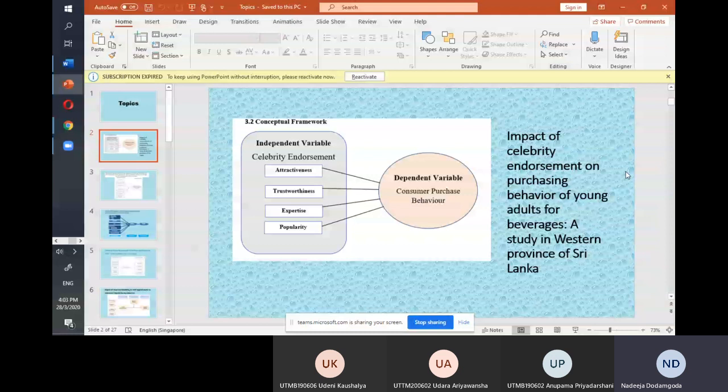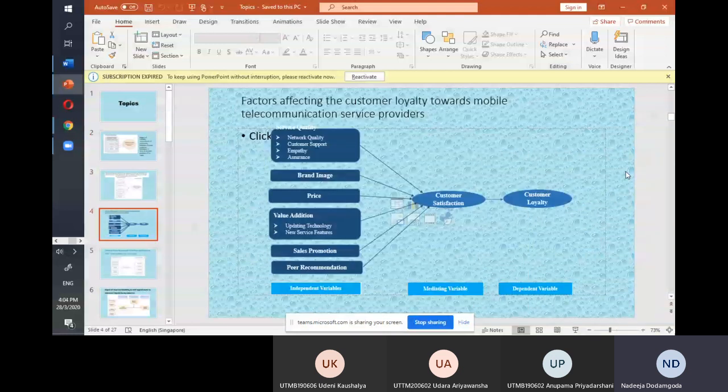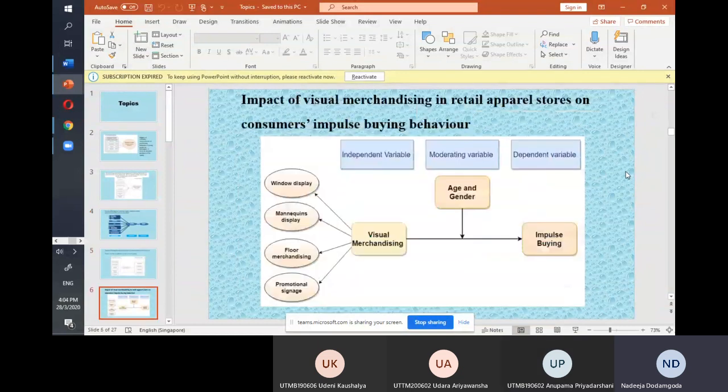Now, on the other hand, in the same situation, you ask each and every respondent how loyal are you? What is your viewpoint about the service quality, the brand image, the price, the value addition, and so on and so forth? How do you look at these, and how loyal are you? So again, the X and the Y are connected through the respondent. What about this?